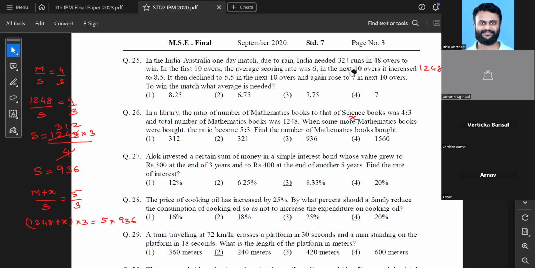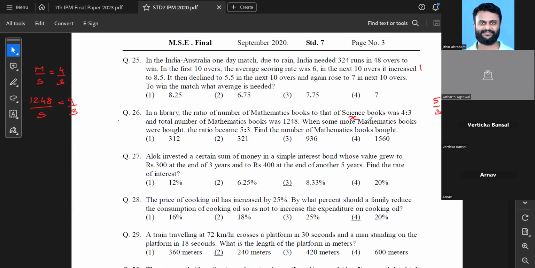Okay, proceeding further. Now I'll give you another method. Till now, everything is same. Now, if you observe, initially the ratio was 4 by 3, then the ratio is 5 by 3. The difference between 4 by 3 and 5 by 3 is basically 1 by 3.